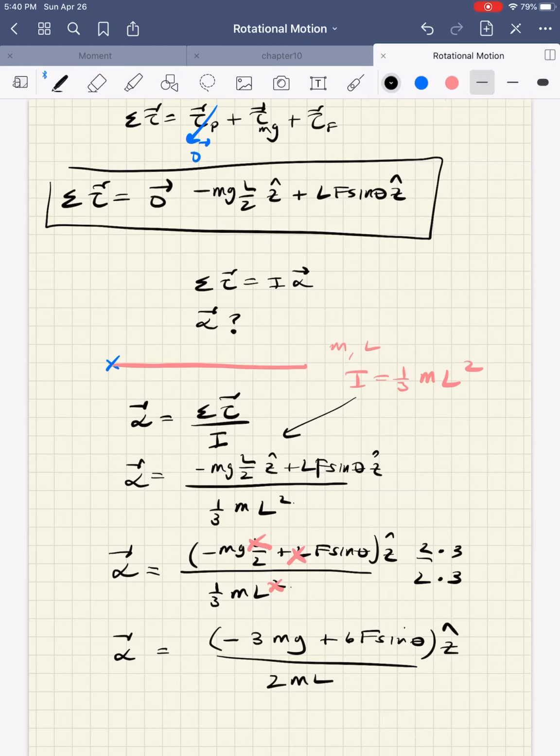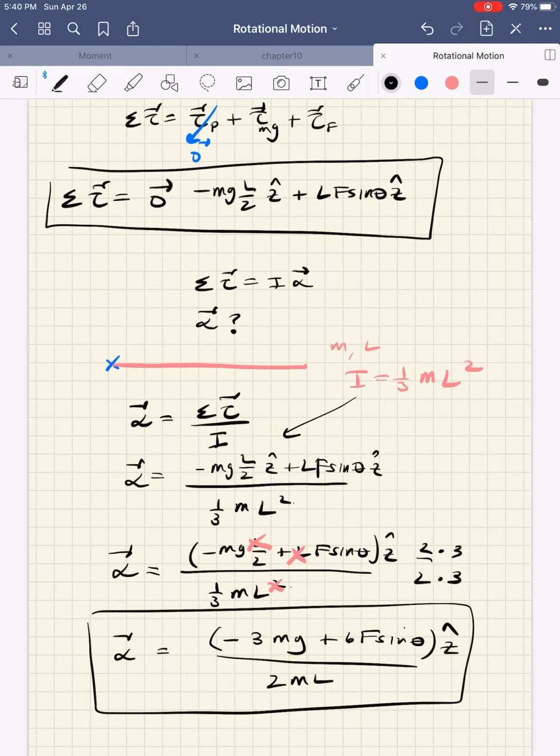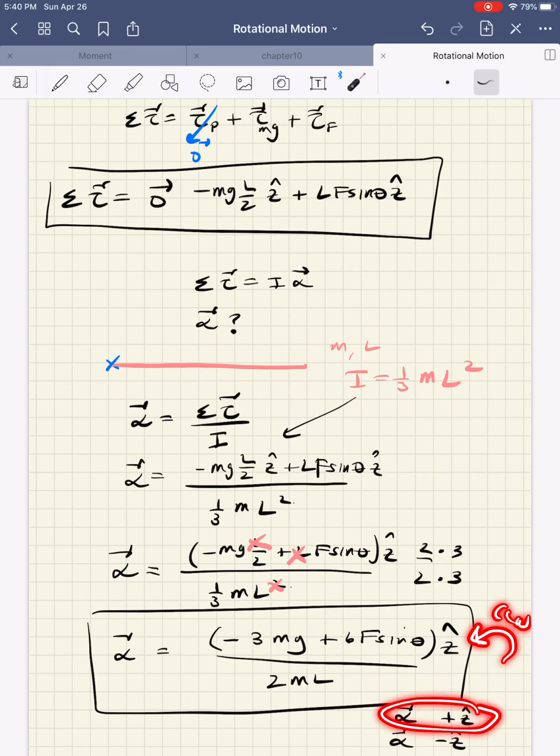is alpha. And I would go ahead and square this off now, but I would also want to think about, when would alpha be in the positive z hat? What does that mean? And when alpha is in the negative z hat? So when alpha is in the positive z hat, that's associated with, again, the counterclockwise direction for alpha. That means that the acceleration is counterclockwise when it's in the positive z hat.